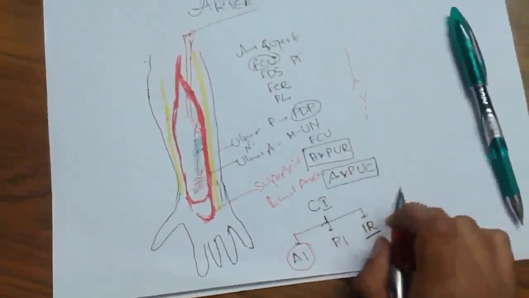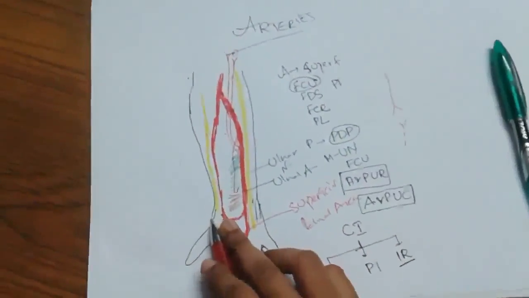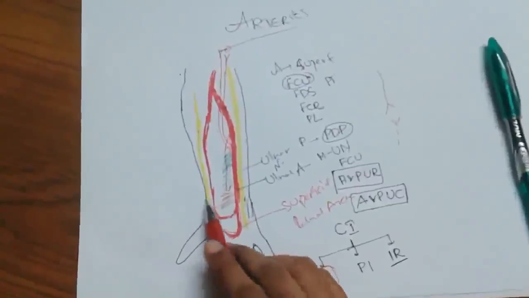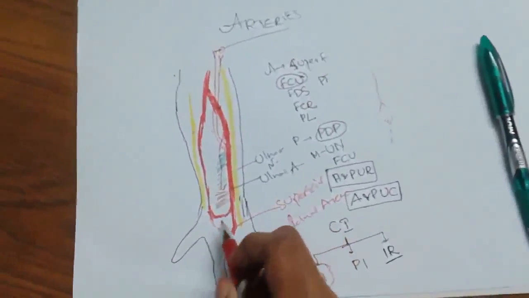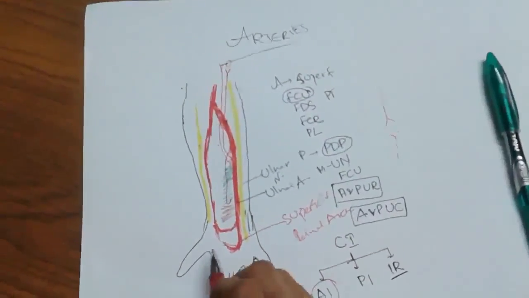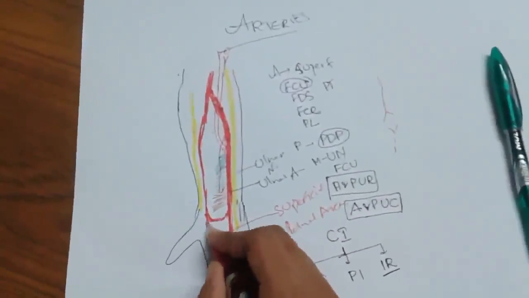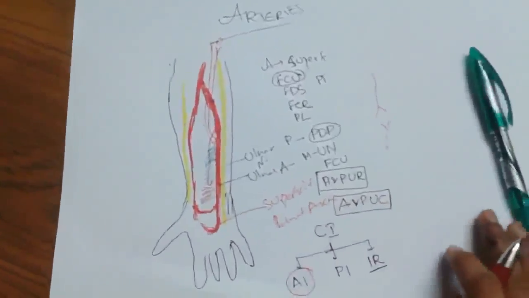It also gives a palmar carpal branch just like the ulnar artery. This palmar carpal branch goes behind and forms the palmar carpal arch. And then it gives a superficial palmar branch to form the superficial palmar arch, and it also gives a deep branch to form the deep palmar arch.